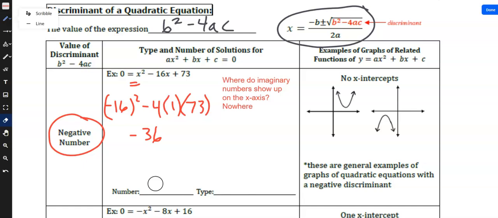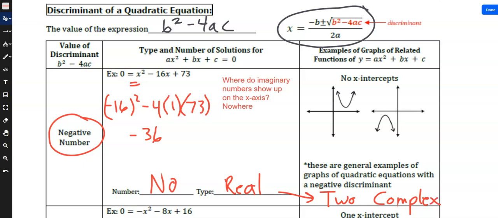So we have no real solutions. Now, what does that mean? That is also the same thing as saying 2 complex solutions. Remember, complex means that it has the imaginary numbers in it, right?